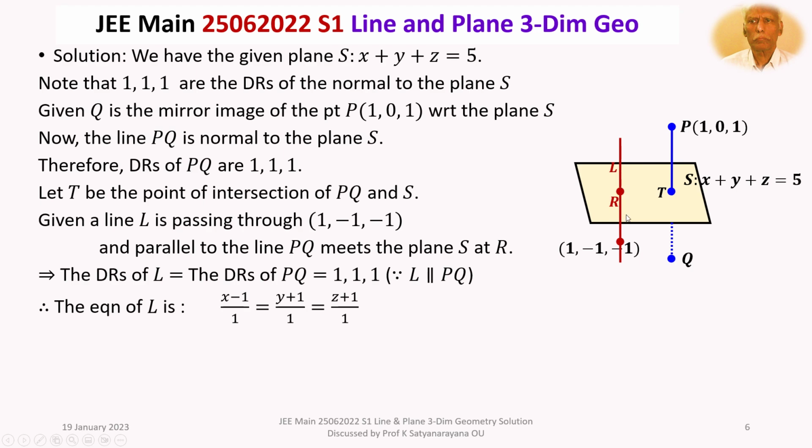L is a line passing through this point 1, minus 1, minus 1 with direction ratios 1, 1, 1. Then the equation will be x minus 1 by 1 is equal to y minus of minus 1, that is y plus 1 by 1 is equal to z minus of minus 1, that is z plus 1 by 1. So that is the equation of the line L.